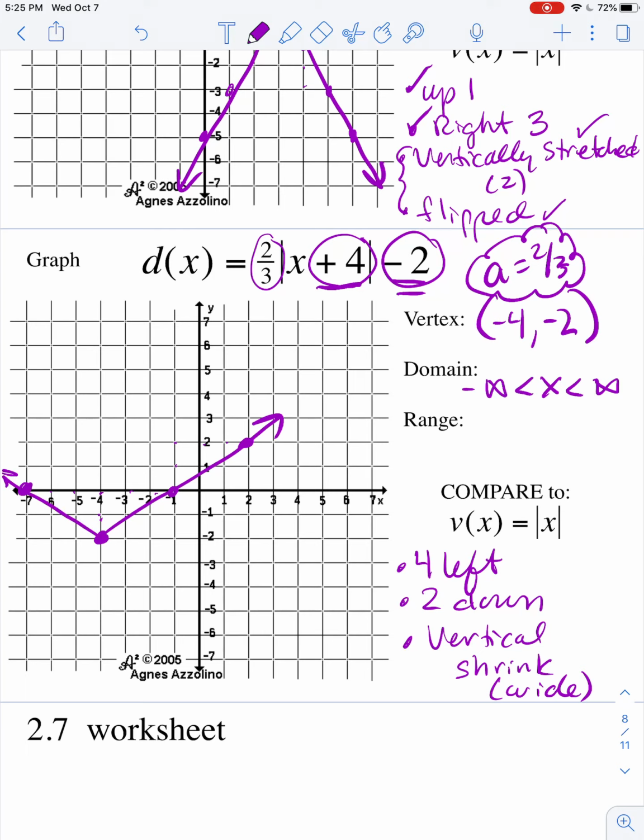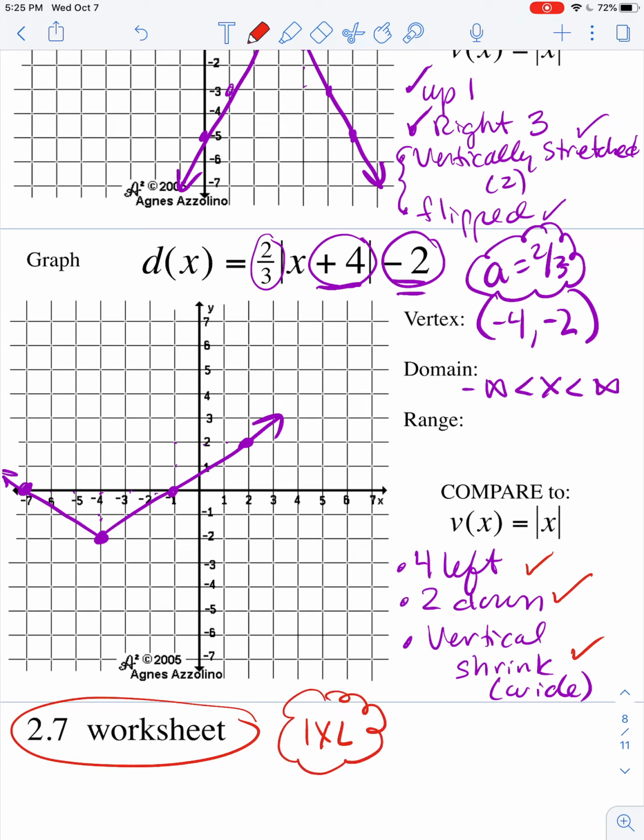And of course I'm going to go off the page because that's how things work for me. But I check it off when I'm done. I say, all right, is it 4 to the left? Yes. 2 down? Yes. Is it wider than normal? Yes. Great.